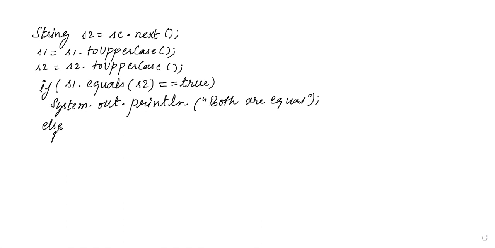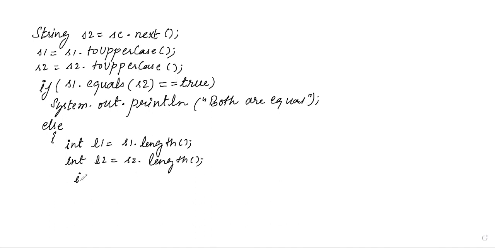So in the else part, you will find the length. I am taking two variables, int L1, finding the length of S1 dot length, and second variable L2 equals S2 dot length. After that, we'll compare: if length 1 is greater than length 2, then print the highest.